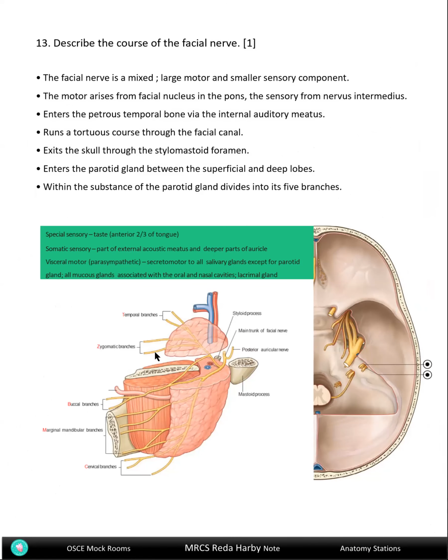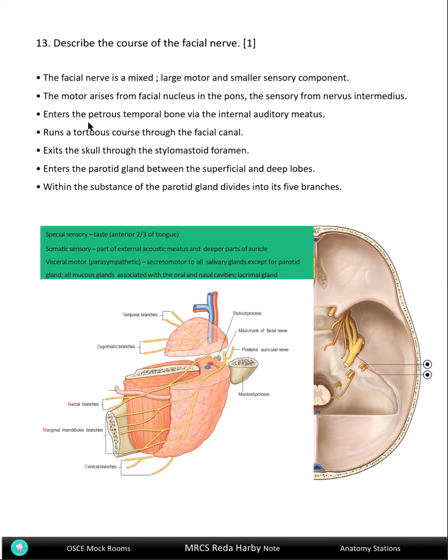Okay, this is a very nice slide. I like this slide because it facilitates how to remember the facial nerve. First, the facial nerve is a mixed nerve, with a large motor root and a smaller sensory component. The motor root arises from the facial nucleus in the pons and the sensory from nervus intermedius.